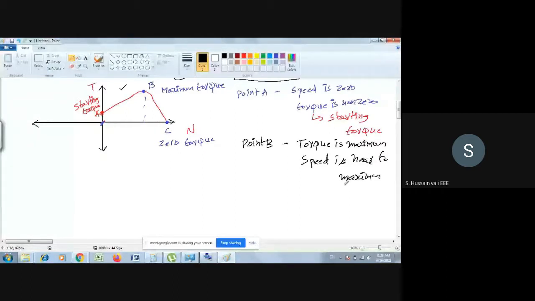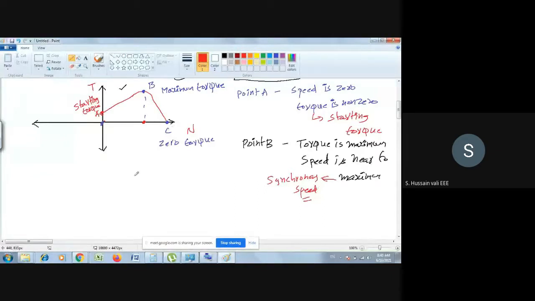Maximum in the sense is synchronous speed. So corresponding to point B, the speed is near to C, near to maximum. Point C corresponds to synchronous speed.